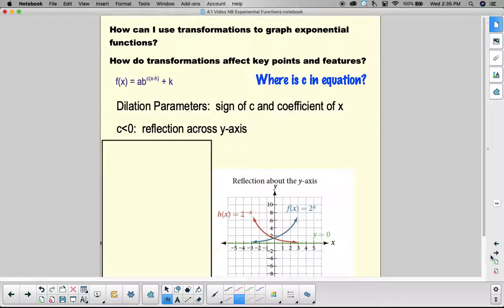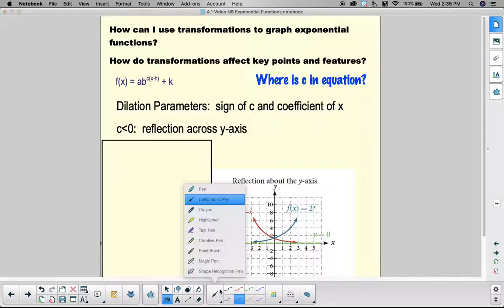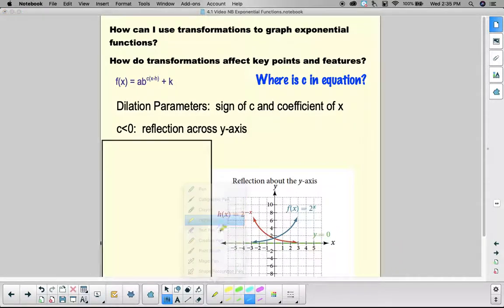One more transformation parameter, and that is c. Where in the heck is c in this equation? c is right here. It's in the exponent, and it multiplies that proper factor, x minus h.